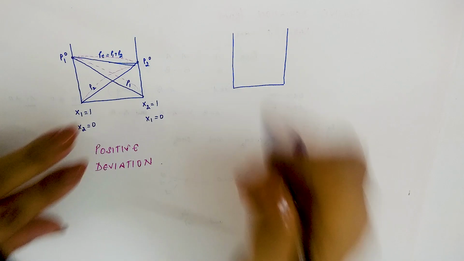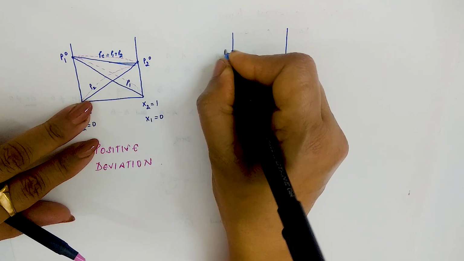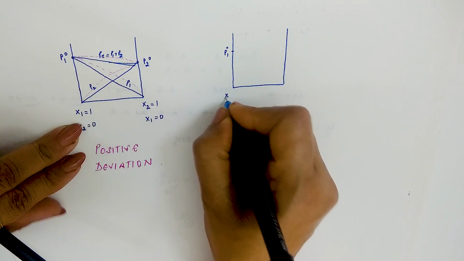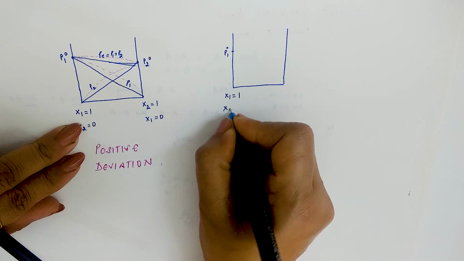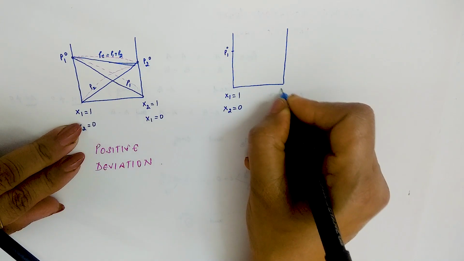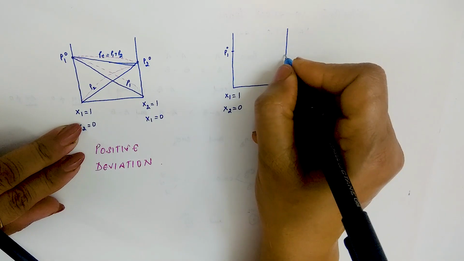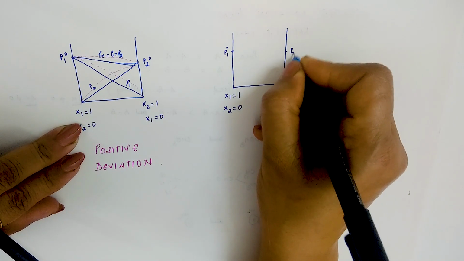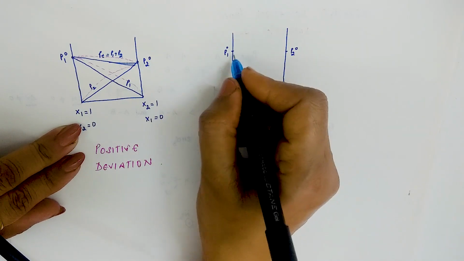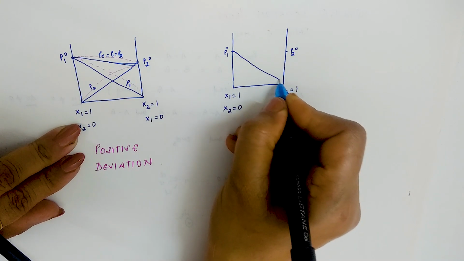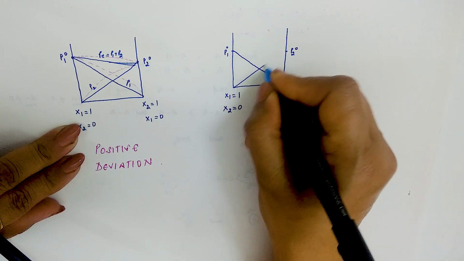Okay, now when I talk about the negative deviation, this is P1 naught. This is x1 equal to 1, x2 equal to 0, x2 equal to 1, x1 equal to 0. This is which point? P2 naught.